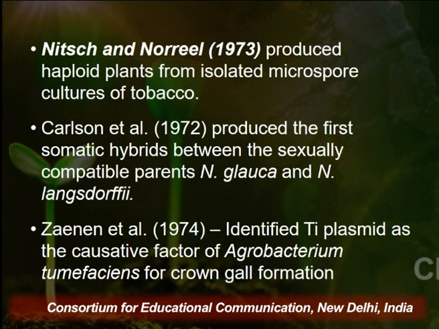Though in 74 he identified that the Ti plasmid in the bacteria is responsible for crown gall formation in plants, later on the Ti plasmid of Agrobacterium tumefaciens became one of the most successful and widely used methods for gene transfer into plants. Scientists started using this plasmid to introduce foreign genes, the useful or required gene, into the plant genome.